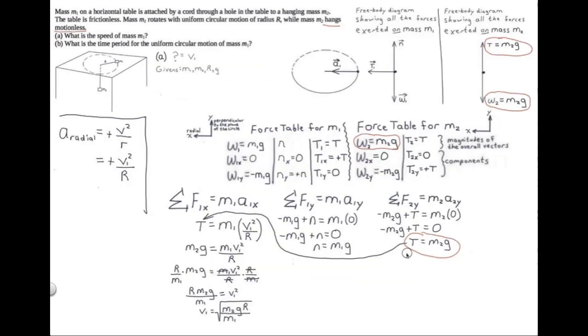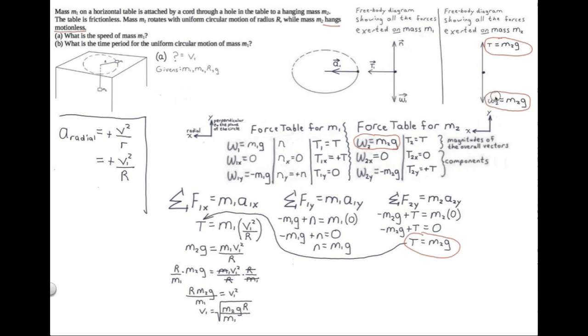For example, we found that capital T equals m2g. Now, m2g is the magnitude of the weight force on object 2. Does it make sense that the magnitude of the tension force equals the magnitude of the weight force on object 2? Well, the problem tells us that object 2 remains motionless.